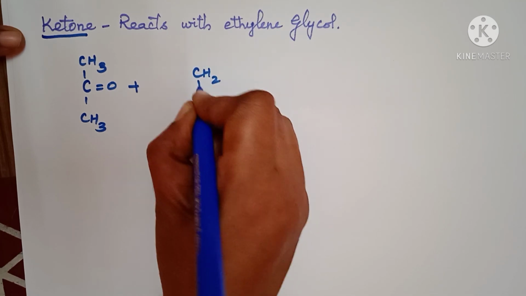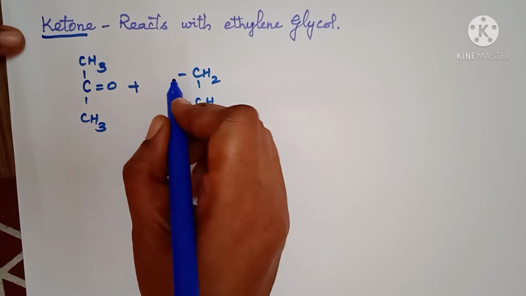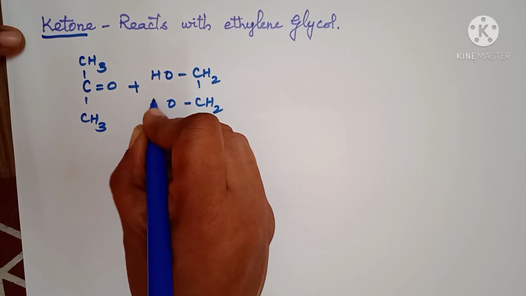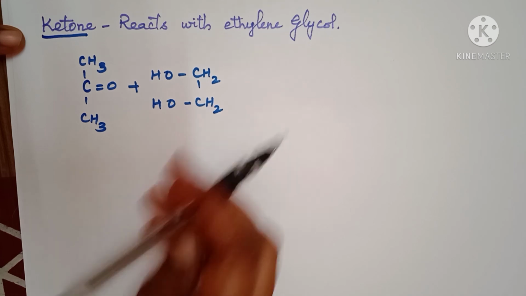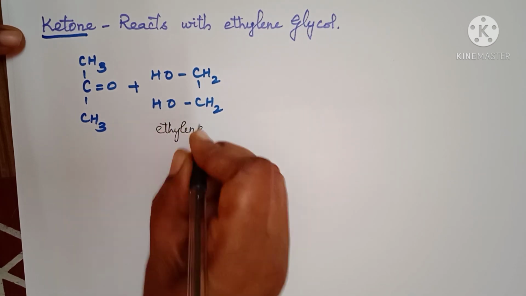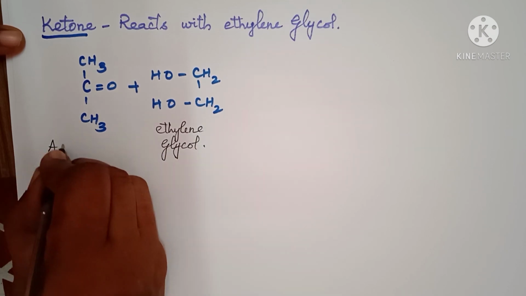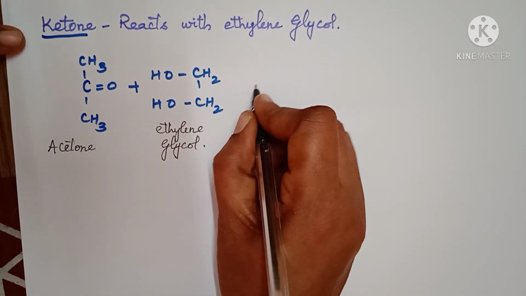So CH2, CH2 here, OH, this side also OH. So this is ethylene glycol. Okay, this is acetone. Now what happens?